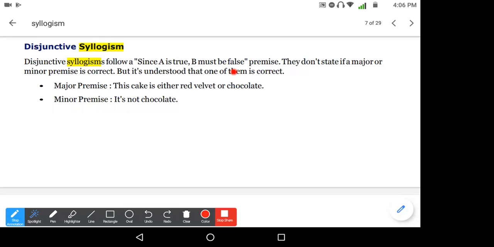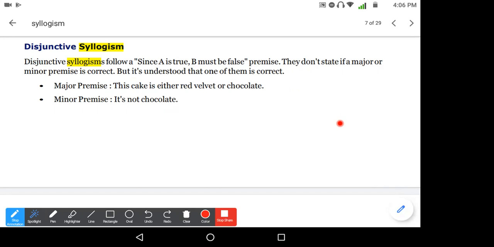So they don't state if a major or a minor premise is correct, but it is understood that one of them is correct. So here they'll give you two sentences. Both can be correct, both can be wrong, one can be correct. But nobody is considering that. It is just understood that yes, one may be correct.